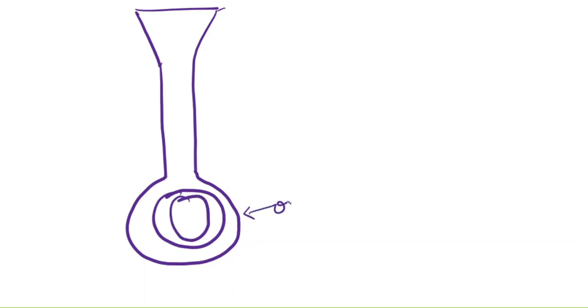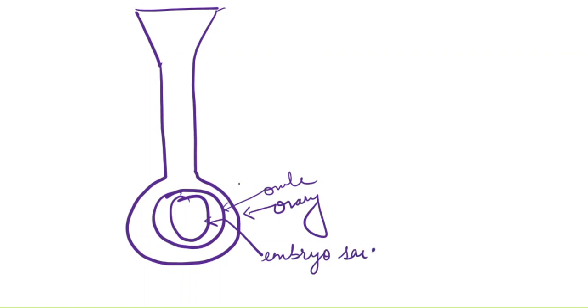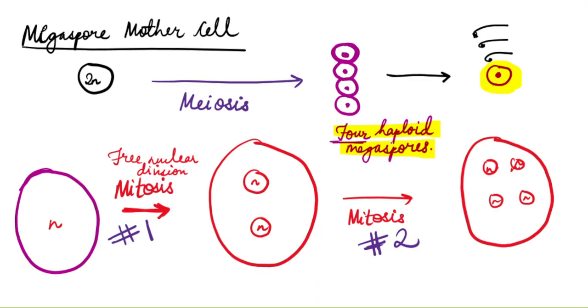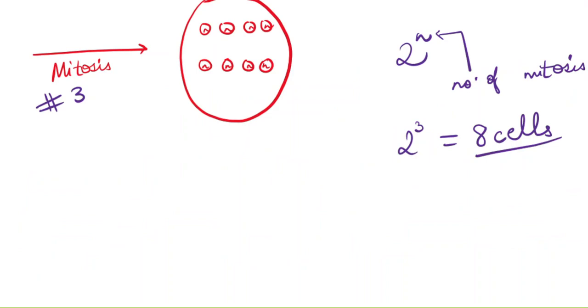So you can say ovary, ovule, then embryo sac. And inside this embryo sac you have what? You have the megaspore cell. So megaspore cell means which cell? This cell. This is megaspore, and this megaspore has completely divided into what you can see here.